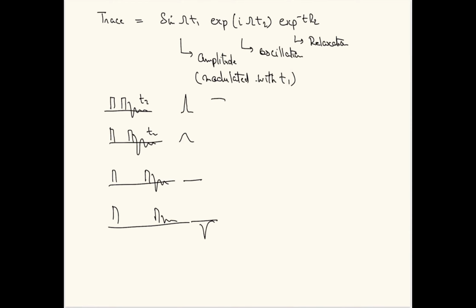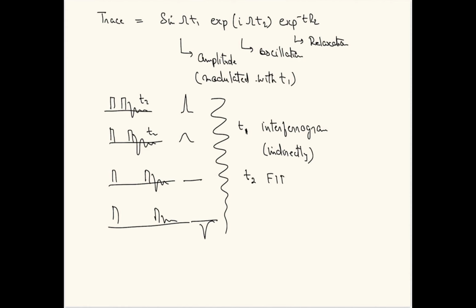So this thing actually modulates, and this is a function of t1. It is not an FID, it is called an interferogram, and it is measured indirectly. It is not a directly measured FID, while during t2 what we measure is the FID, and that is measured directly, right?